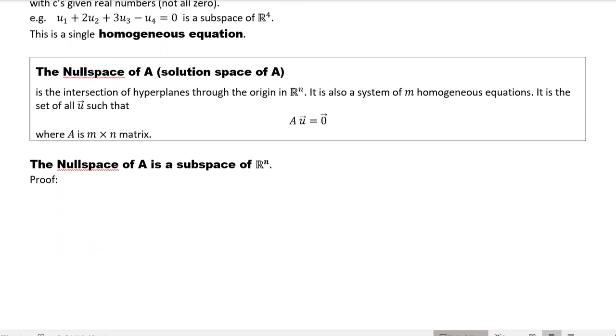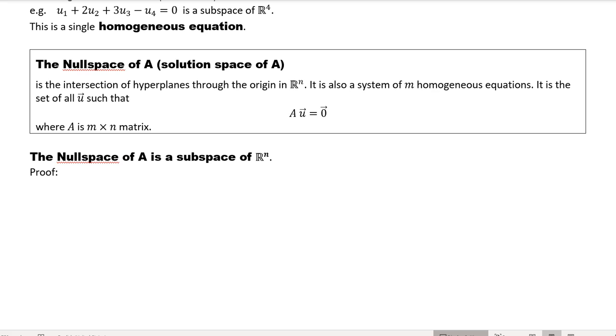Okay, next, the null space of A, which is also called the solution space of A, is the intersection of hyperplanes through the origin in Rn. It is also a system of m homogeneous equations. It is the set of all u such that Au equals 0, where A is the m by n matrix. So it's the intersection of m hyperplanes.